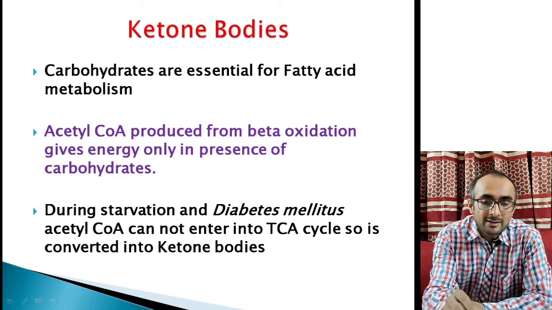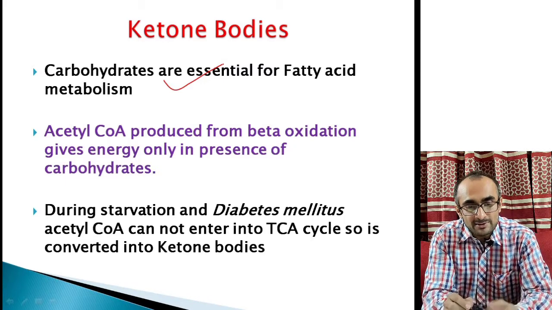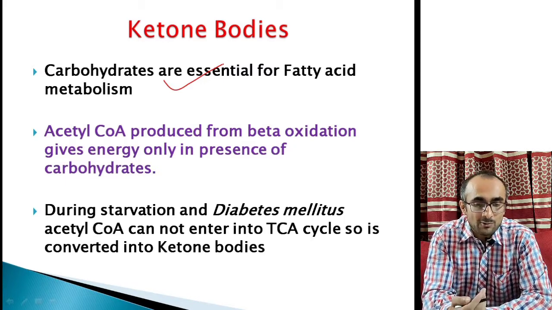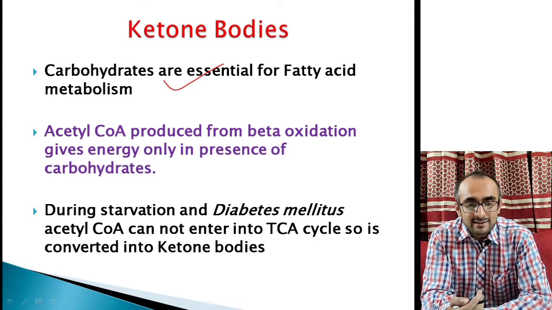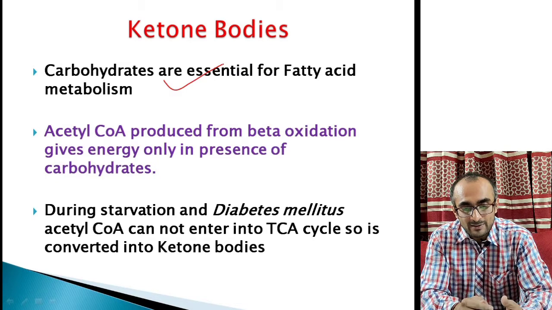Carbohydrates are essential for fatty acid metabolism. If carbohydrates are present, acetyl-coenzyme A, which is produced from beta oxidation of fatty acid, enters into the TCA cycle so that energy can be produced.